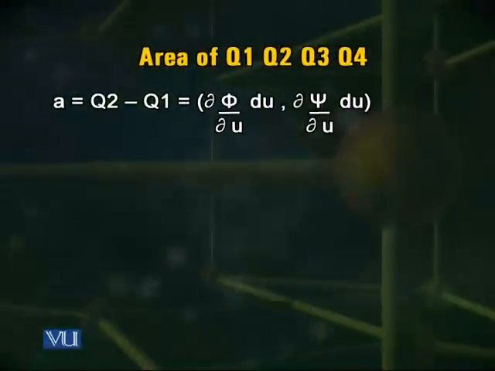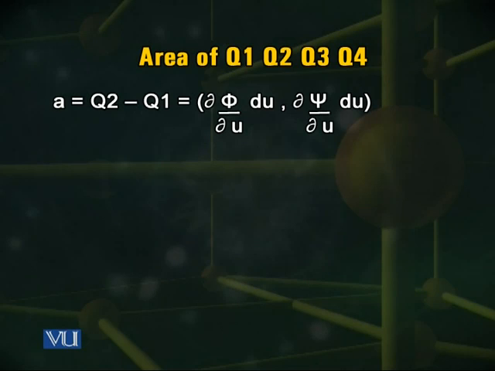So we subtract the coordinates of Q1 from coordinates of Q2, and you should remember that the difference was only the terms of partial derivatives multiplied by du and dv. So this vector comes out to be, as you can see on your slides, the first coordinate is partial derivative of phi with respect to u multiplied by du, and second coordinate is partial derivative of psi with respect to u multiplied by du.